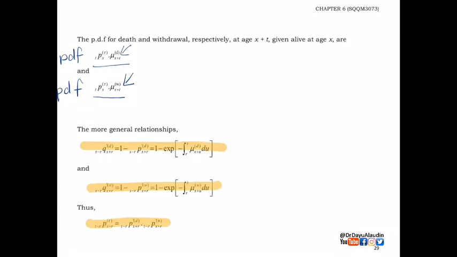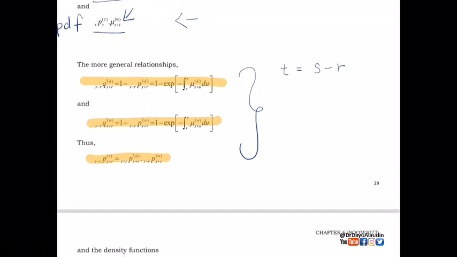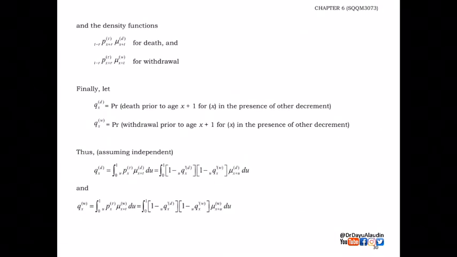This one is for the general form, and this one is for our case where we use t equal to s minus r, as I showed you in the timeline before. So in this case the PDF is this one. This is the PDF for death and this is the PDF for withdrawal.